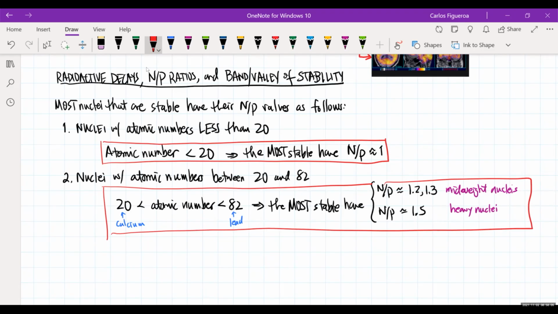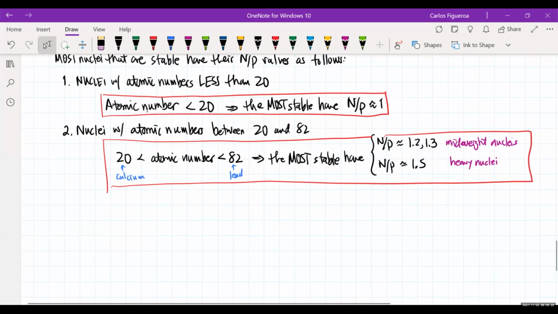So the question is that I keep saying that nuclei follow a very systematic process. They try to reach the band of stability by doing however many decays they got to do. And so we want to look at the NP values of the following.